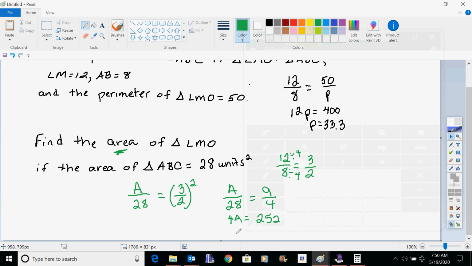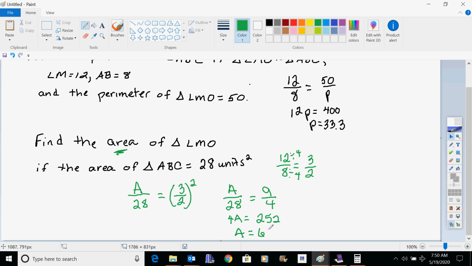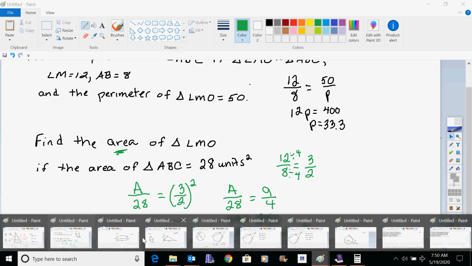And then divide by 4. You divide both sides by 4. And we get 63. So my area is 63 square units. Okay, so we have that. So be careful of those things. Moving right along.